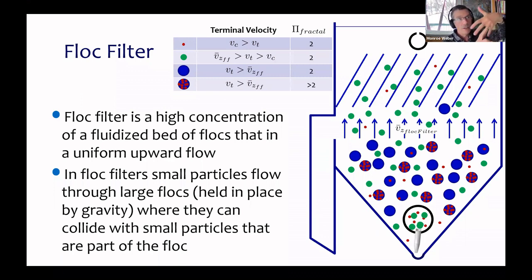And as they're flowing through, there's a chance that they will collide and attach inside the flock. So that's this idea that flocks are filters. So when I call this a flock filter, it's in the same way that you could talk about a membrane filter. In a membrane filter, the membrane catches particles. In a flock filter, the flocks catch particles inside the flock.